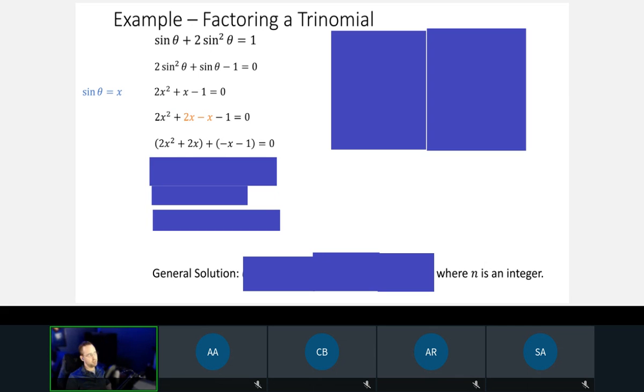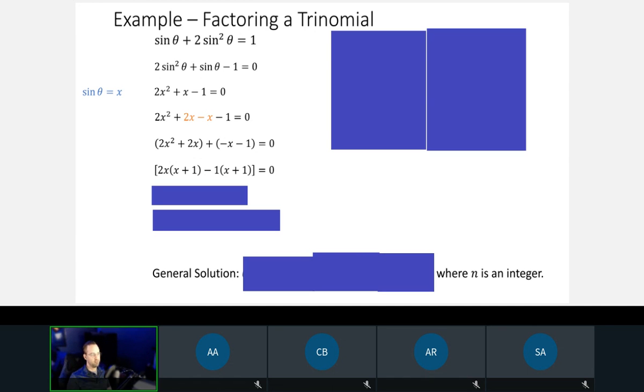And then I GCF a 2x out. And I GCF. So in that second binomial, that grouping, that negative x minus 1, you need to group it like that. And then you need to pull out a negative or a negative 1, same thing. When you do that, the signs of both of those terms, negative x and negative 1, change to positive, hence pulling out a negative.